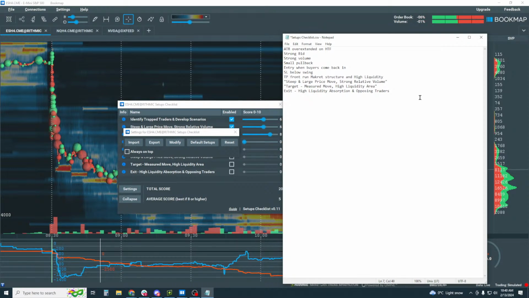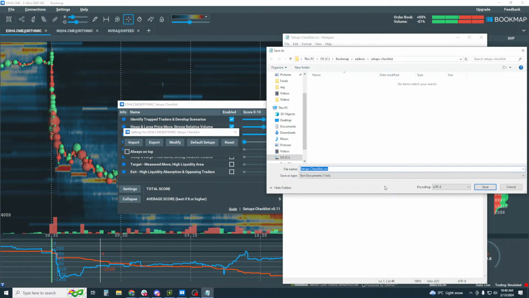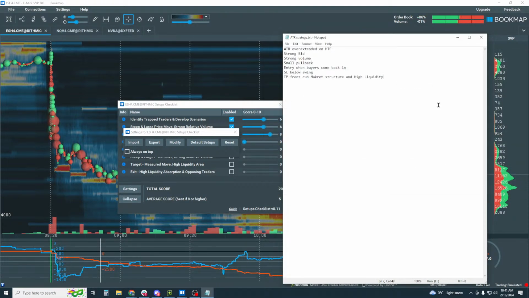Okay, and the rest we can get rid of. Save it. We're going to save as, and I'll just call it ATR strategy. It'll save it in your Bookmap folder there. There we go. Done.